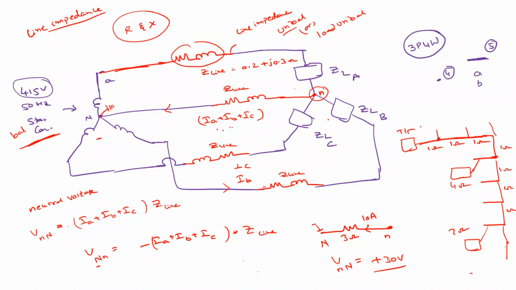Unless specified, it is usually equal for all the phases, A phase, B phase, C phase, and neutral also, because this is basically a conductor. So unless specified, the line impedance is the same for all the phases.